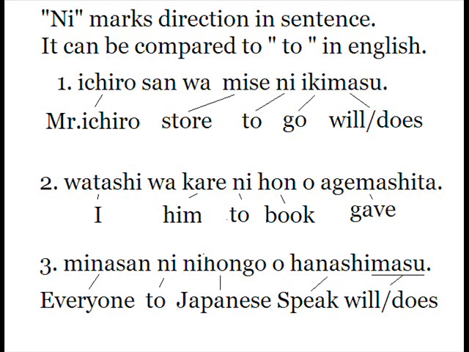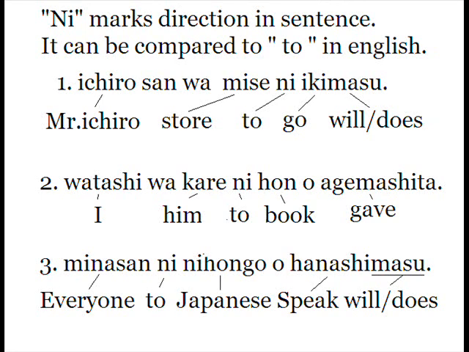And then agemashita, which is the verb for to give, in past tense, mashita form. So it's I gave. Okay, number 3. 皆さんに日本語を話します。To everyone, I will speak Japanese. Or Japanese will be spoken.